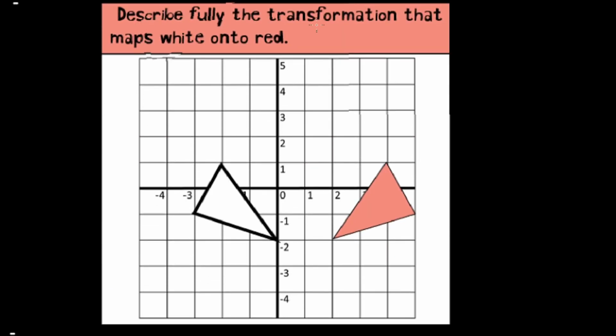Okay, so this says describe fully the transformation that maps white onto red. This is worth 2 points, and that should tell you immediately that this is a reflection. Okay, and then with reflection, you get 1 point for literally saying reflection. And then the other point that you get is for saying what the line of reflection is.